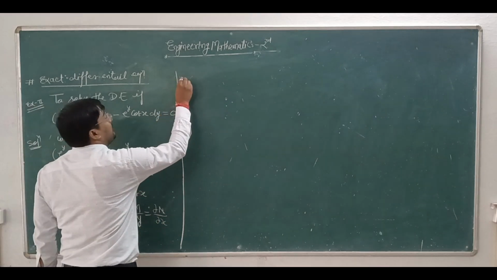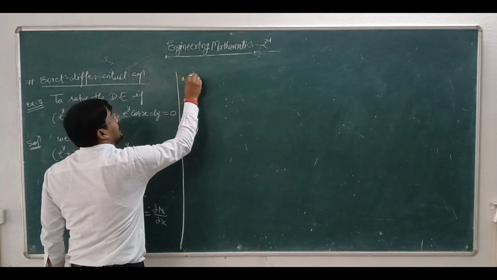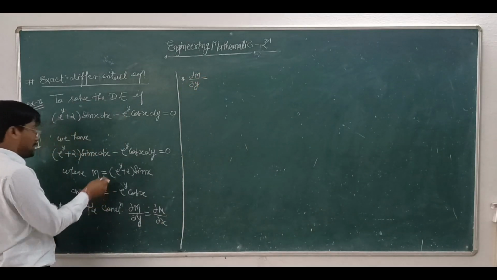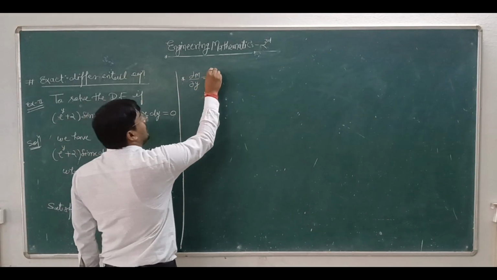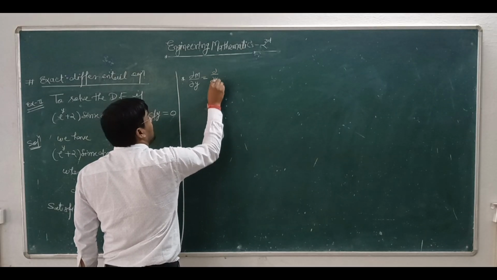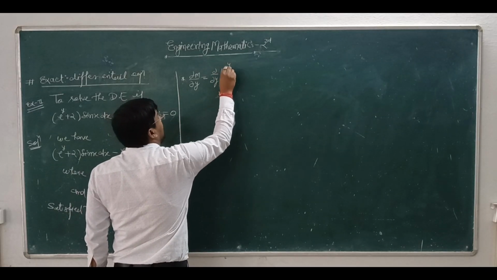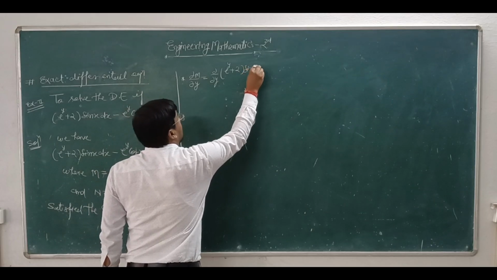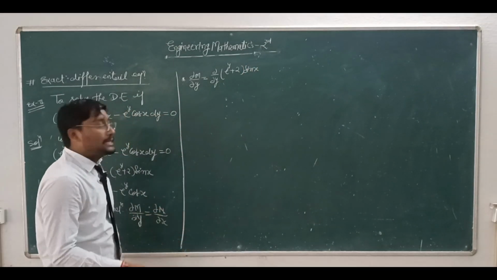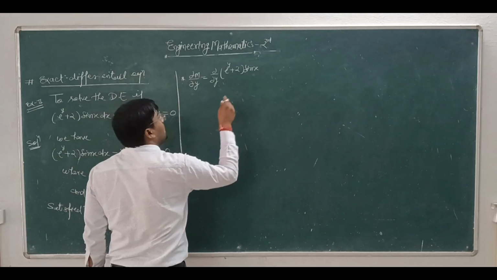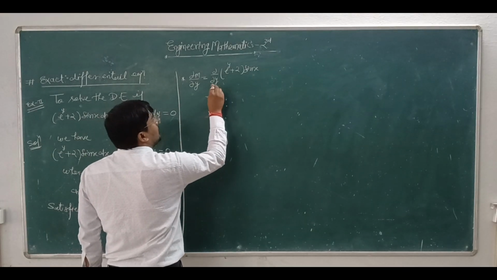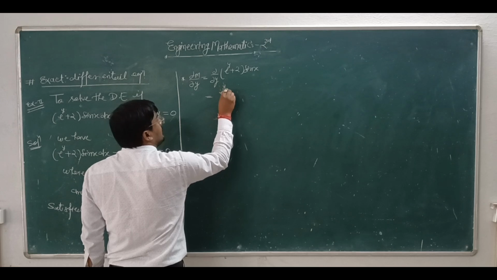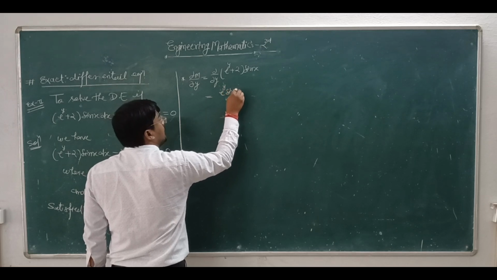First you can find ∂M/∂y. You can write the value of M, ∂/∂y of (e^y + 2) sin x, where x is constant, you can write e^y sin x.